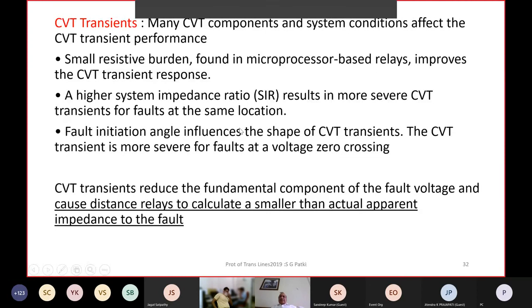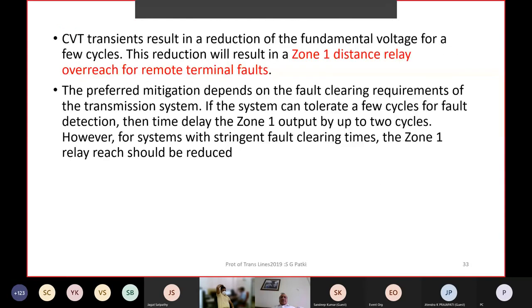These high frequency transients cause distortion in the voltage waveform, and since the measurement is done on a zero crossing basis, it can result in false measurement of voltage zero, and it can then cause measurement error. So these are again some of the errors which can result in overreach or underreach.